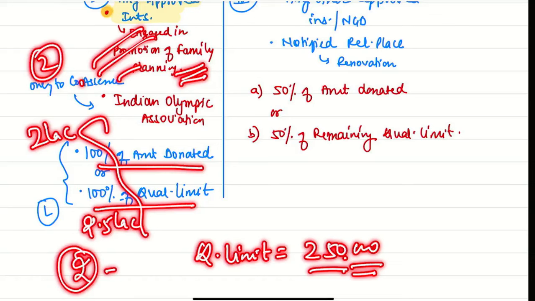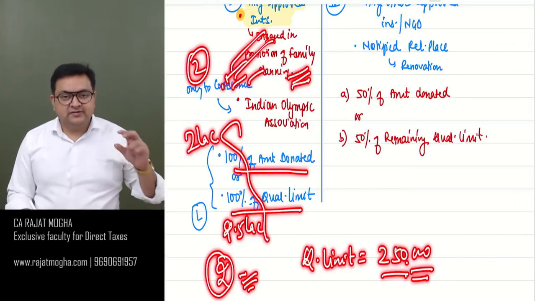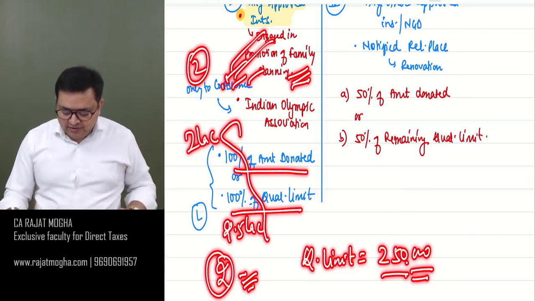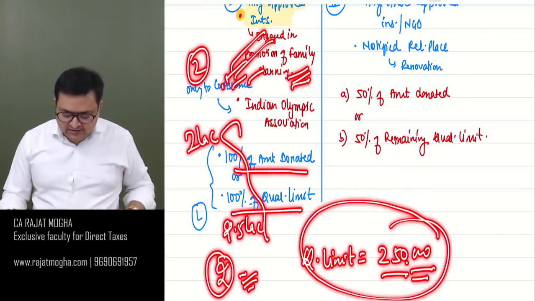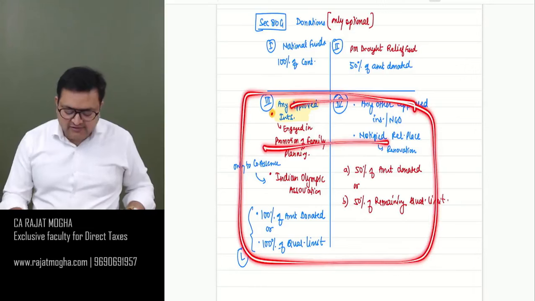So let's say randomly I have taken my qualifying limit as 250. And in the third one, we have donated 2 lakh. So we will get 2 lakh deduction over here. Correct? In the third one. Guys, this is subject to the qualifying limit, third and fourth.